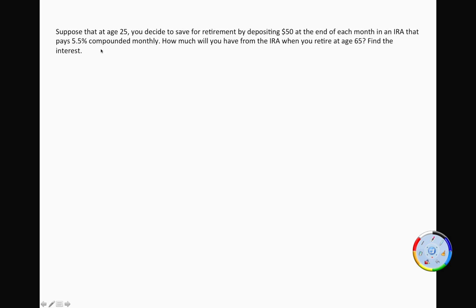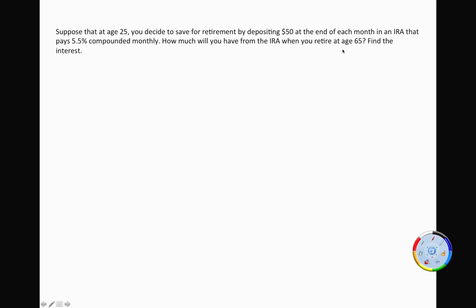Yes, I see that it's compounded. The word compounded means I'm on my compound formulas. However, is it compound interest or an annuity? Because I'm depositing $50 periodically in some fixed period, it's the annuity formula. Right? Now, do I want the one solved for P or the one solved for A?